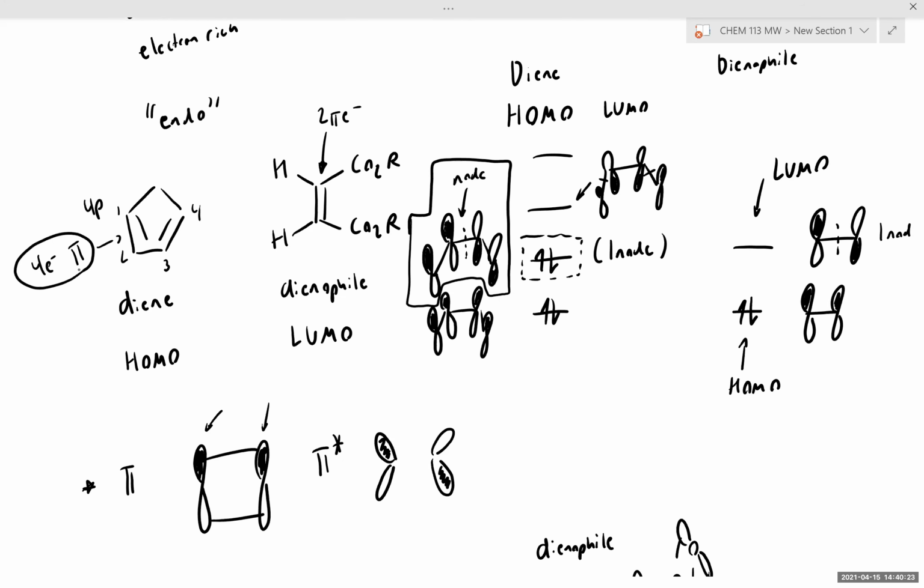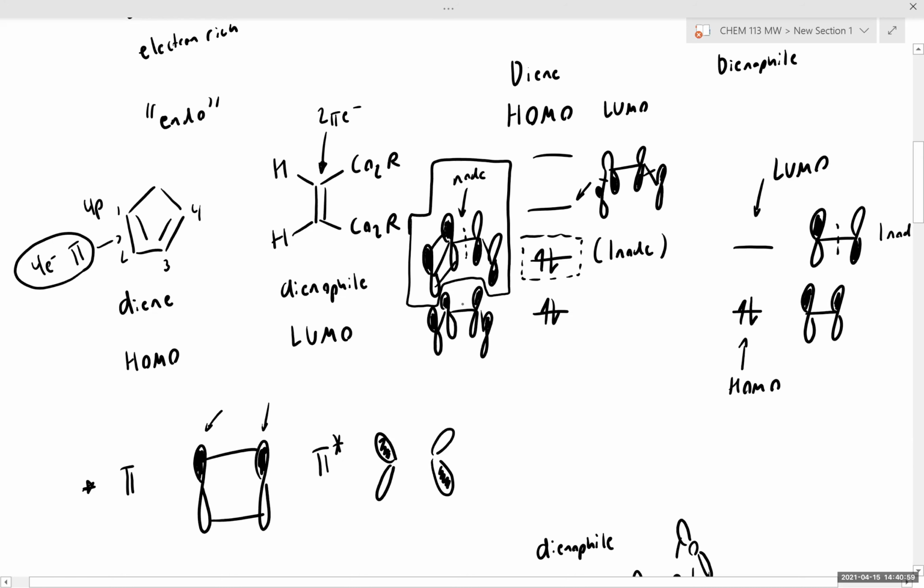Okay, so if we think about the energy and phasing in each of these molecular orbitals, the lowest energy molecular orbitals contain the least number of nodes. And as we move to the higher energy molecular orbitals, we begin to see an increasing number of nodes, which are regions where there is no orbital overlap because there are two adjacent regions of opposite phase.